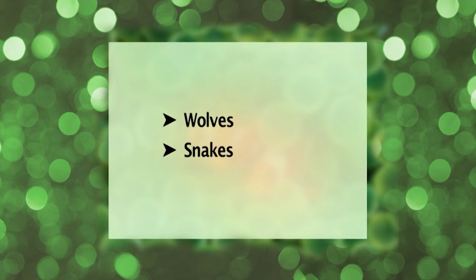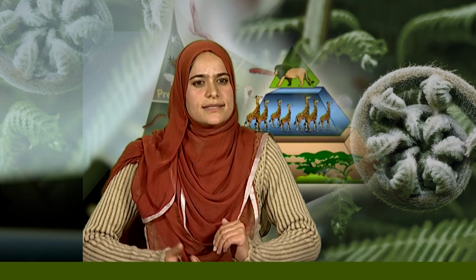Then there is a gradual decrease in the number of secondary consumers like wolves, snakes, and tertiary consumers such as lion, making the pyramid again upright. Thus, the pyramid of numbers in a forest ecosystem is neither upright nor inverted.